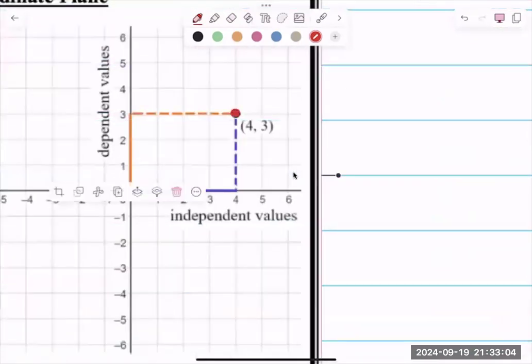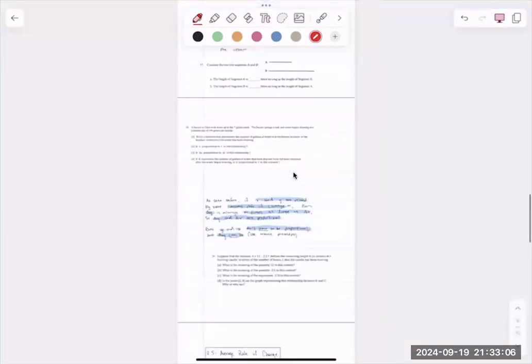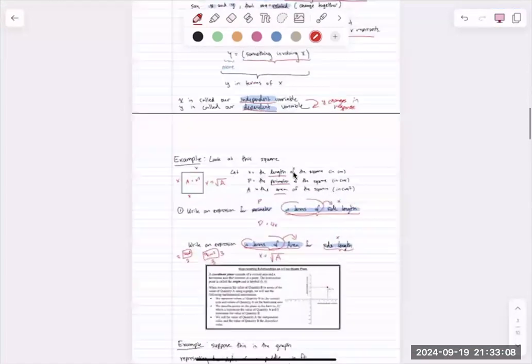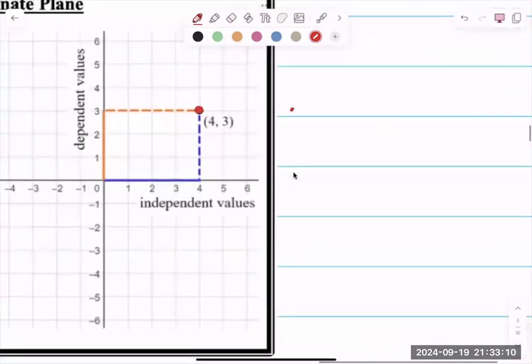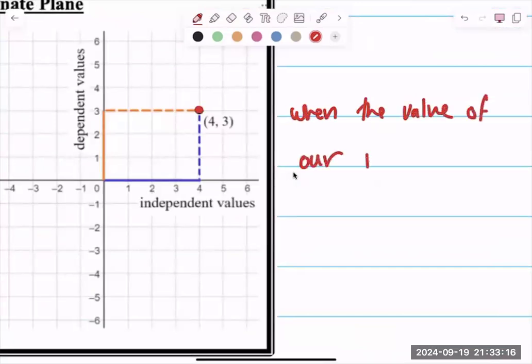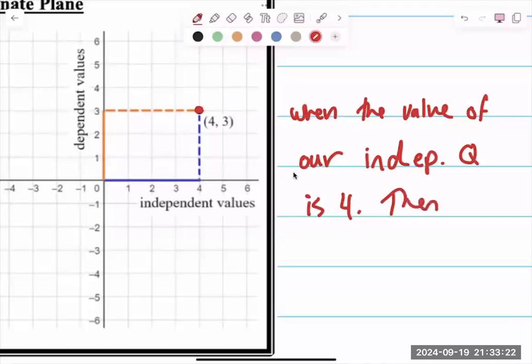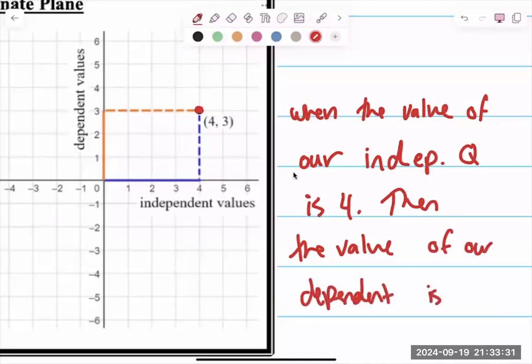when the value of our independent quantity is 4, then the value of our dependent quantity is 3.